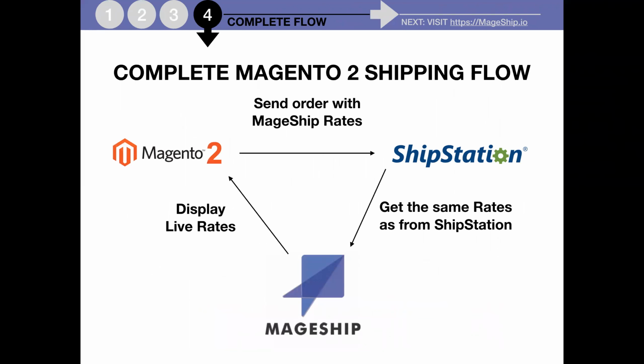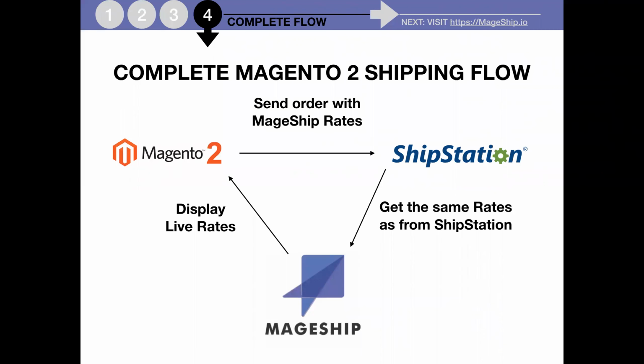If you're working with ShipStation already, you are already getting the orders from your Magento 2 store by using the existing integration with Magento 2, which is great. Now MageShip basically sits in the middle between Magento 2 and ShipStation.